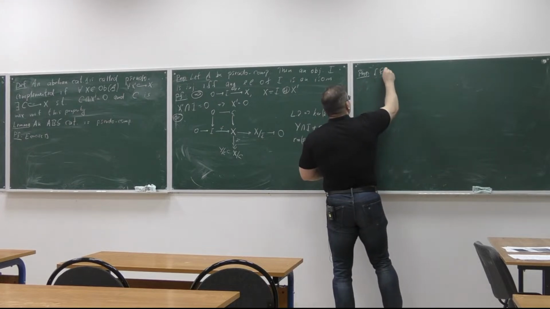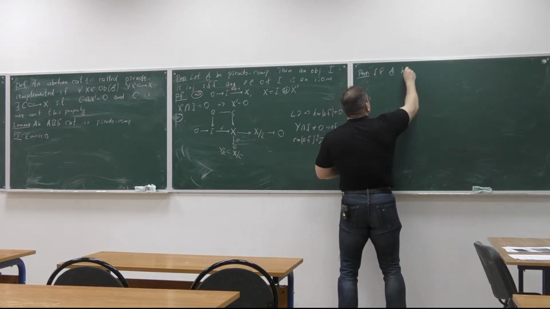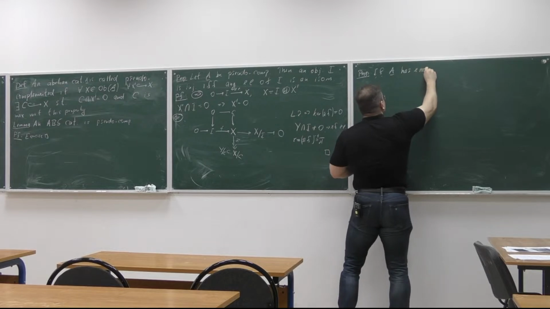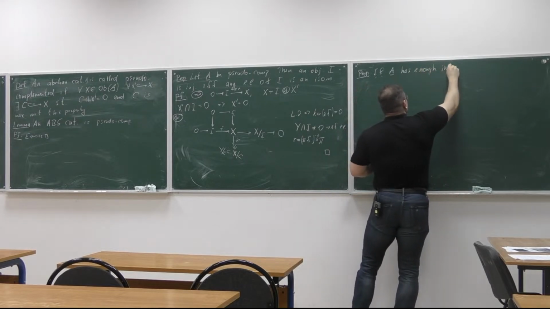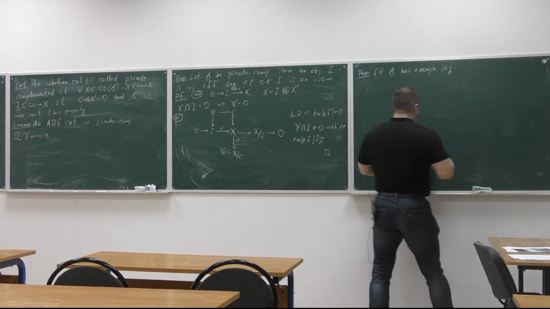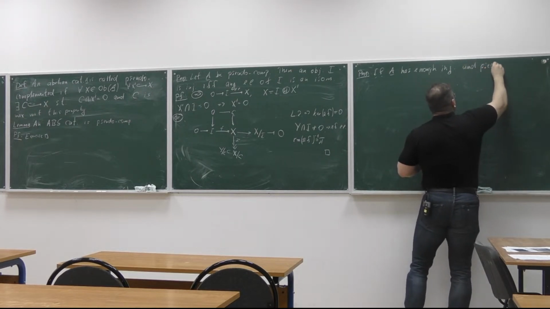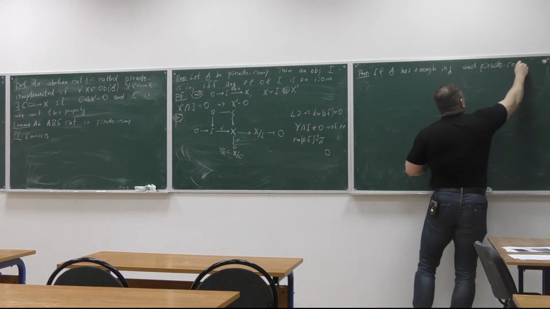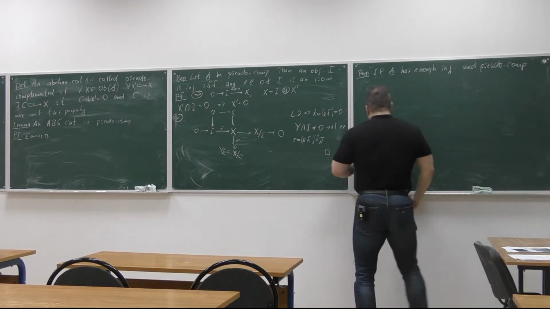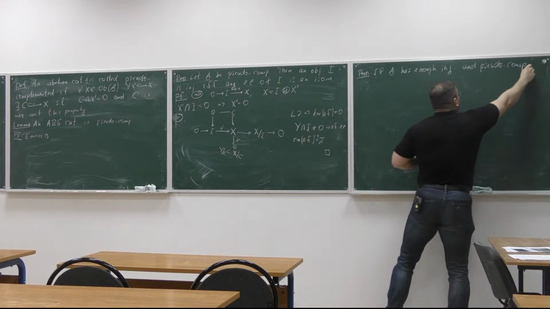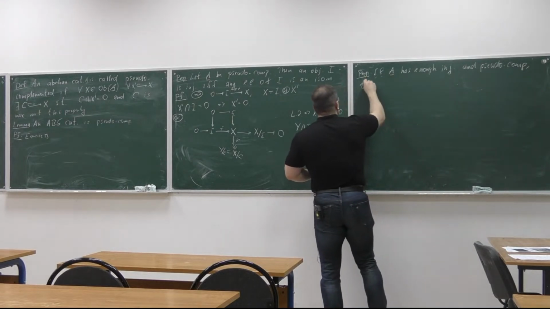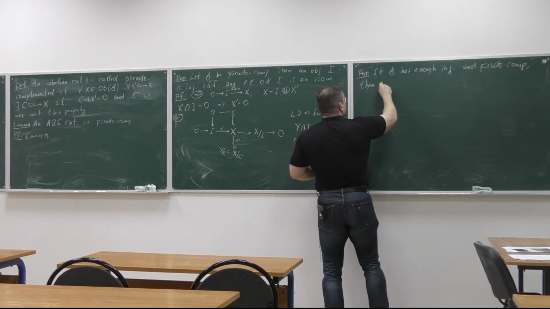If abelian category A has enough injectives and is pseudo-complemented, then A has injective hulls.